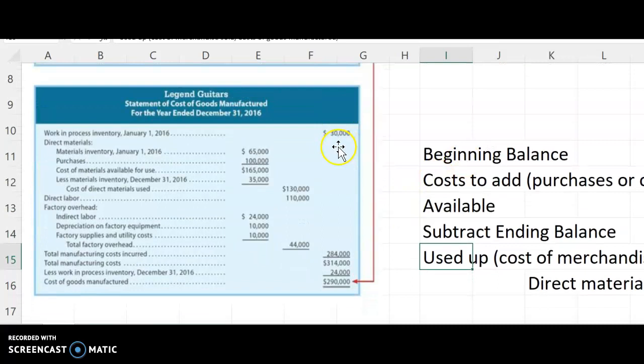Your work in process inventory, beginning WIP, so your beginning balance. Because we're talking about actually working on this guitar, how much money did we spend working on this guitar? So that's what we're trying to figure out here. So we start off with WIP, beginning. Then we're going to have costs to add.